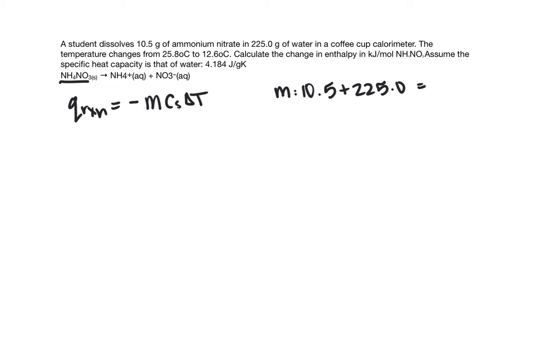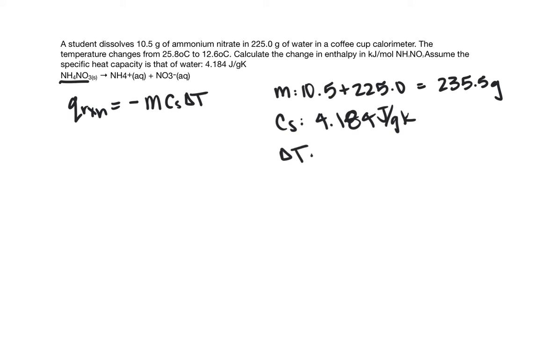And that gives you a total mass of 235.5 grams. C sub s is equal to 4.184 joules per gram Kelvin. And delta T is your final temperature of 12.6 minus your initial of 25.8, and that gives me negative 13.2.